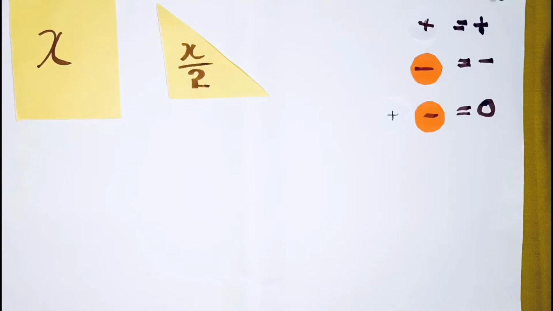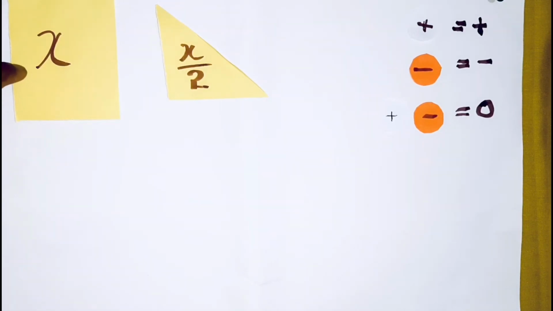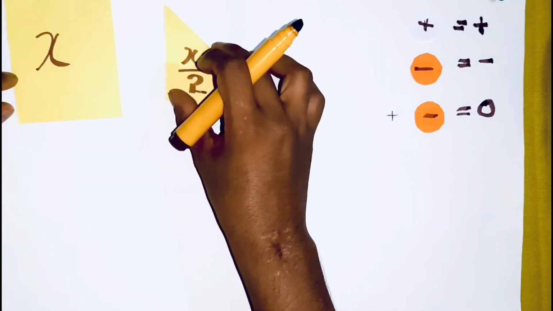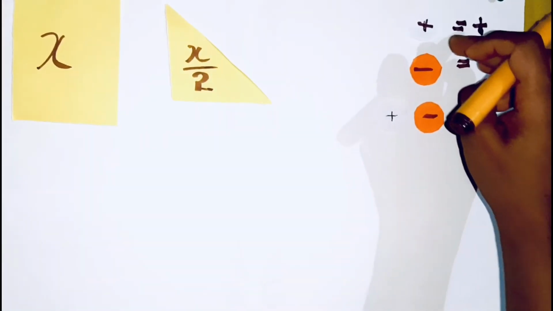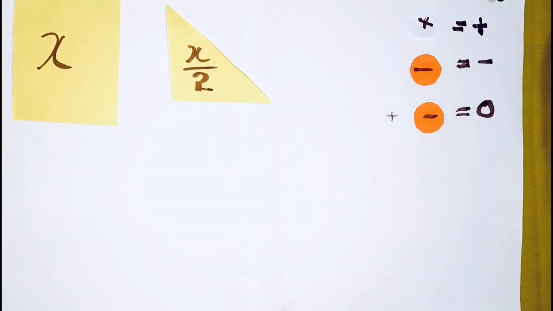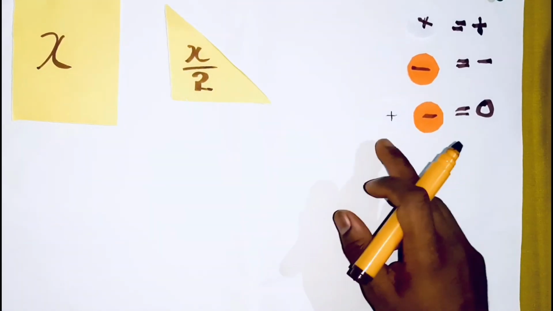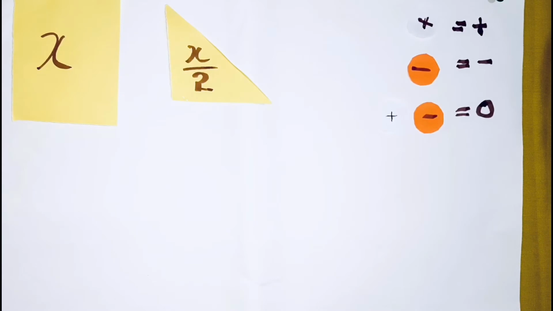Here we are going to solve a linear equation in one variable using an activity. Here the rectangle is x, triangle is x by 2, and white counter is positive, orange counter is negative, and when both negative and positive are together they form 0.